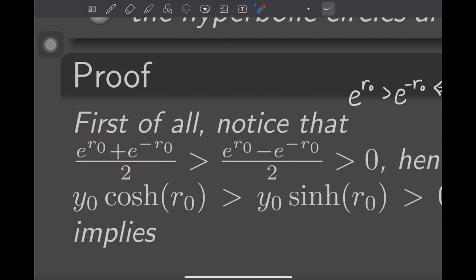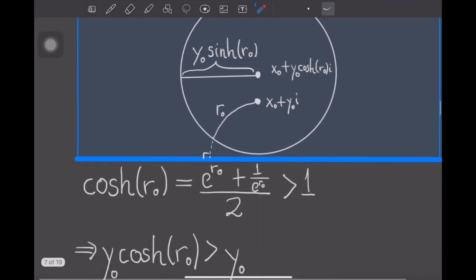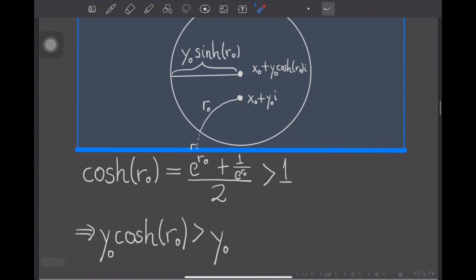Remember, we studied the function something plus its inverse when we classified Mobius transformations in terms of the trace. And we proved precisely that that something plus its inverse square was greater or equal than 4. So something plus its inverse is greater or equal than 2. So this is greater or equal than 1. So that's exactly what I wrote here.